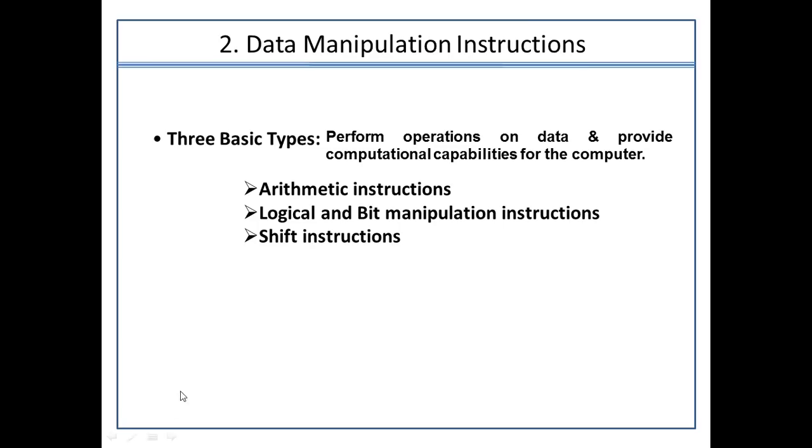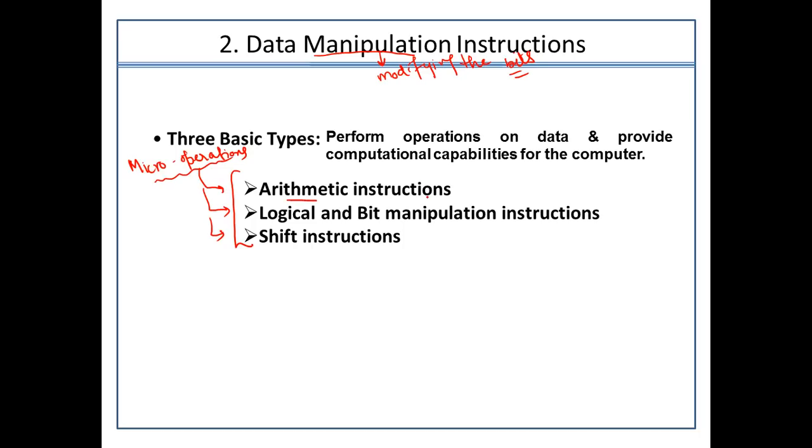Similarly, if we proceed ahead with the second category of instruction, that is the manipulation instructions. Manipulation simply means I am modifying the bits, right? So modifying the bits within the instructions or the data, you could say. These data manipulation instructions are further categorized into three forms. If you remember the topic of micro operations, we understood that micro operations usually fall under these three categories.